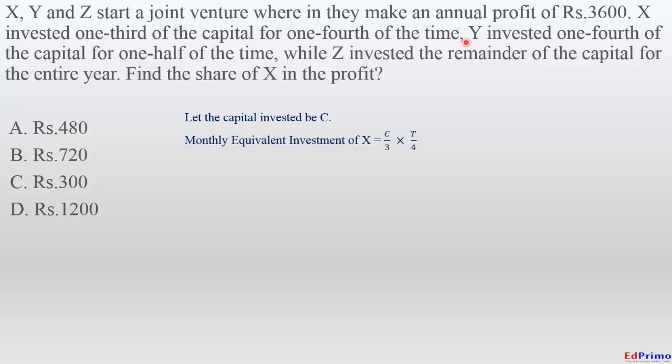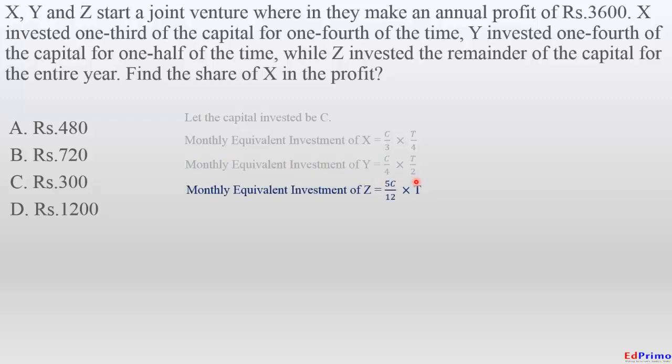If that is the case, his investment is C by 3 into T by 4. Similarly, Y invested 1/4 of the capital, that is C by 4, for 1/2 of the time, that is T by 2, and Z invested the remainder of the capital.